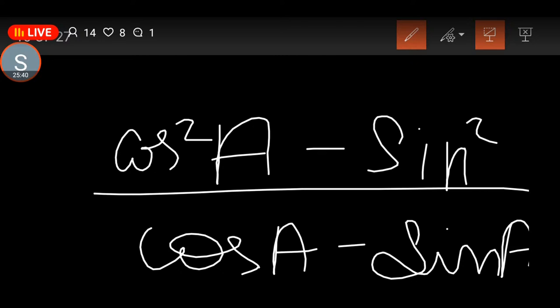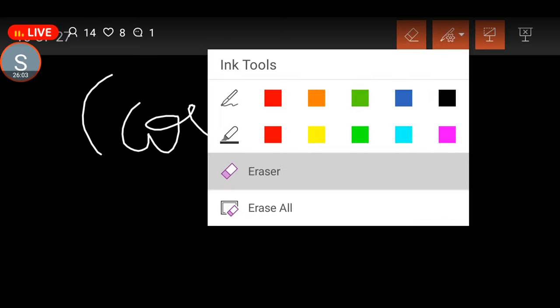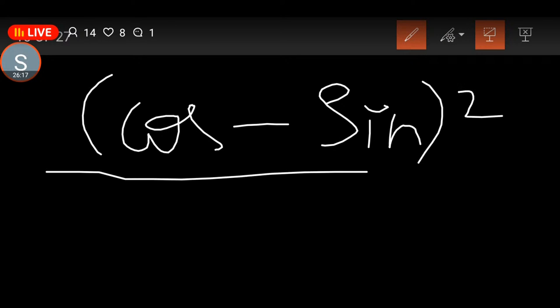So if we take the whole common of the numerator, cos minus sin to the power whole square divided by cos minus sin.